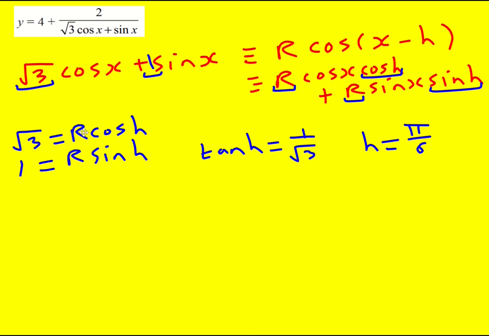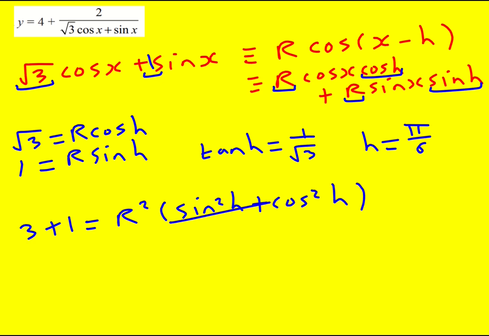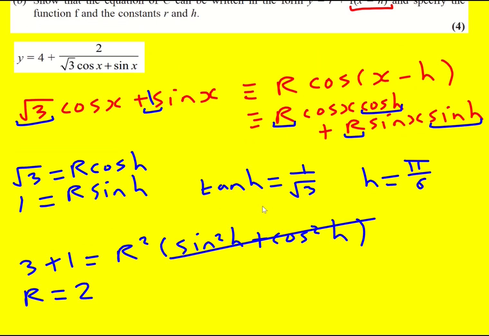I can square it and add them to get r, so I'll get 3 plus 1 is r squared times sine squared h plus cos squared h. We do this method because this cancels, and therefore r is going to equal 2. So I have to convince myself that I don't get minus 2.